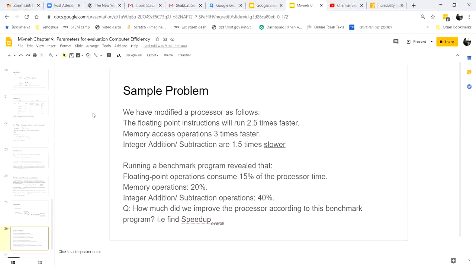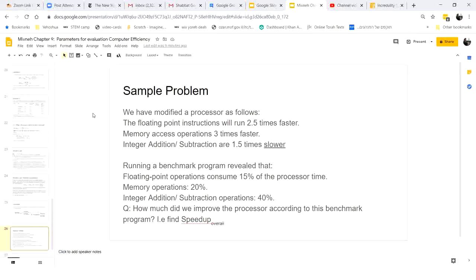And there's going to be a lot of those additions and subtractions, and they're slower. Running a benchmark program, in other words, we're going to have to see what's the distribution of these commands in a given program. If a certain program has no floating point instructions and no memory access, it's just addition, then our new computer is obviously going to be 1.5 times slower.